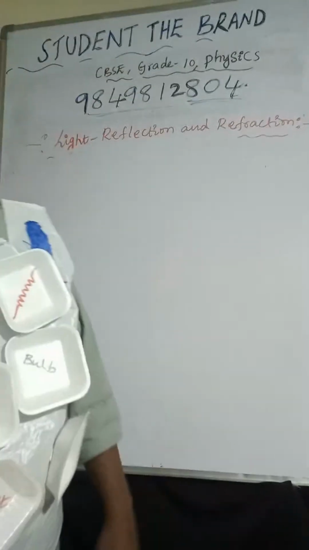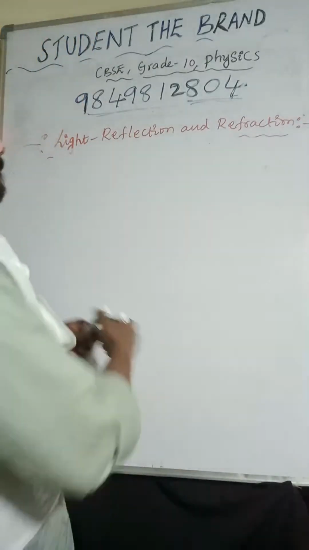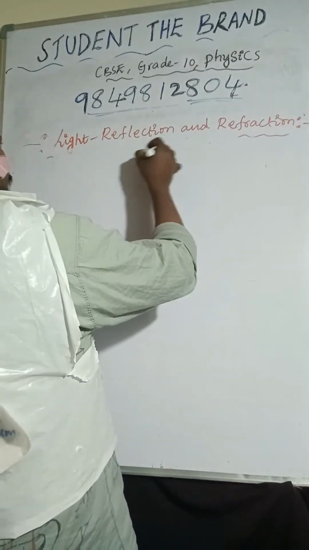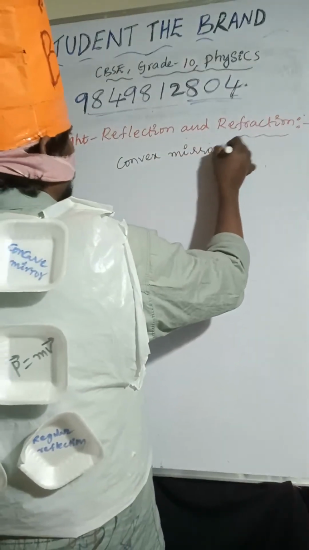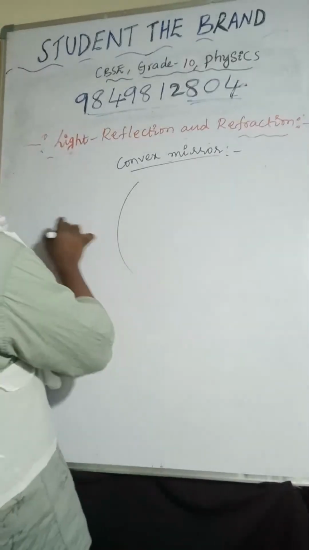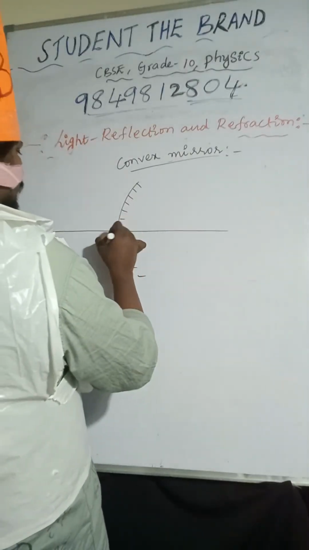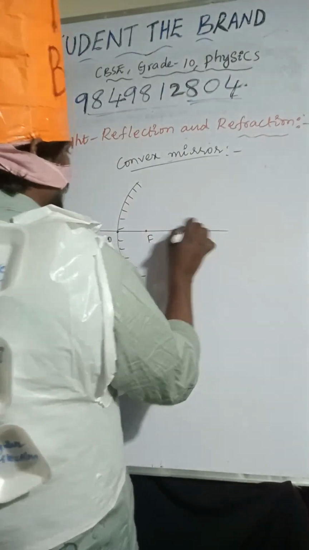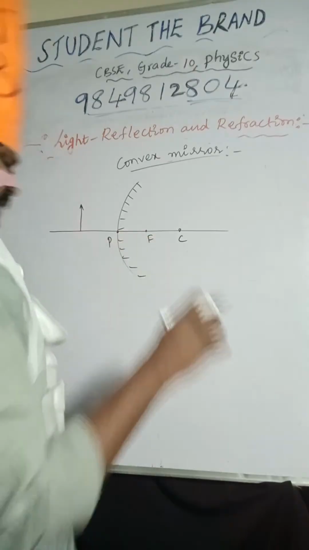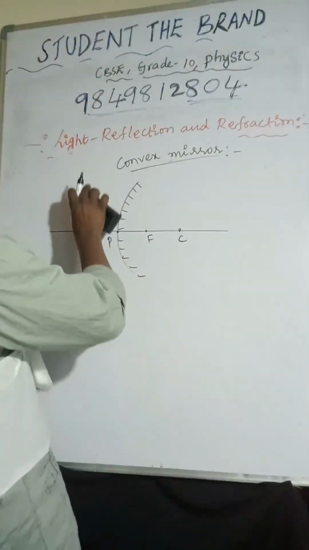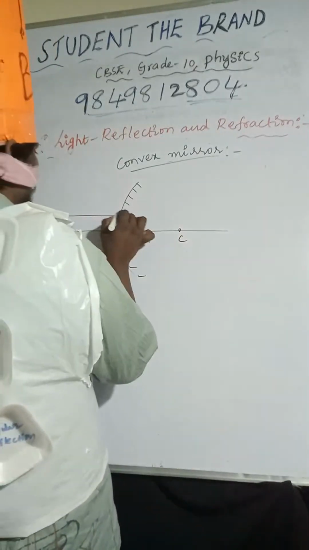Only two cases are there. Convex mirror. So pole, focus, center of curvature. Object is placed at infinity. So two cases are there, right? Object is placed at infinity.